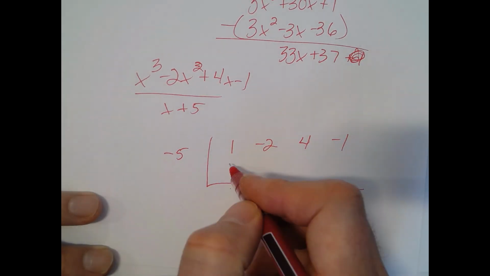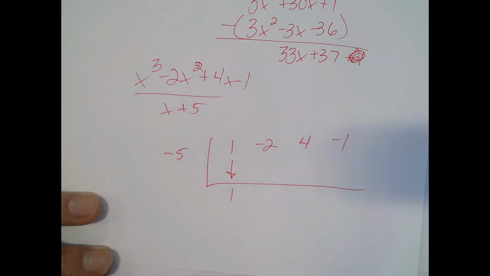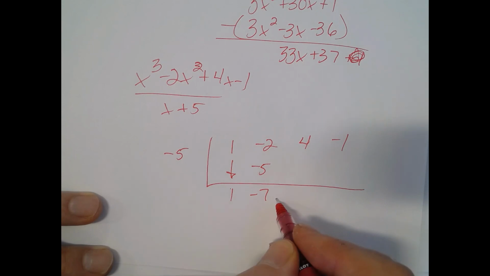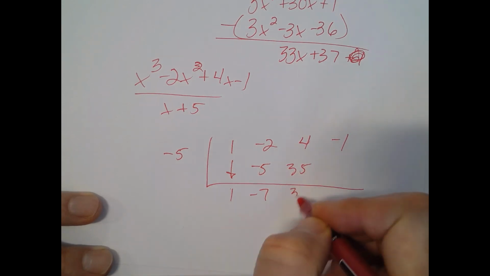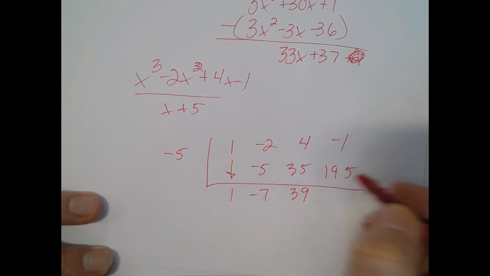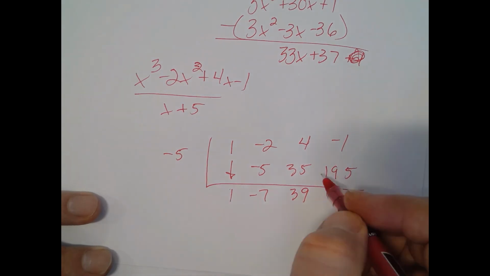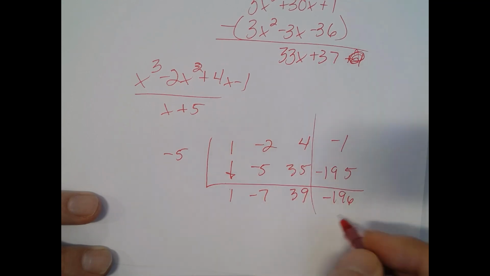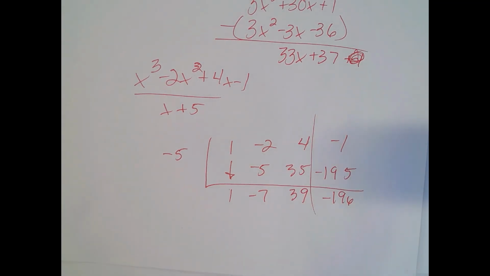You bring down the 1. Multiply, add, multiply, add, and then multiply. What's that? 195 or something? Negative, and then add. So there's my remainder. You probably will not have synthetic division, but it was a good refresher.